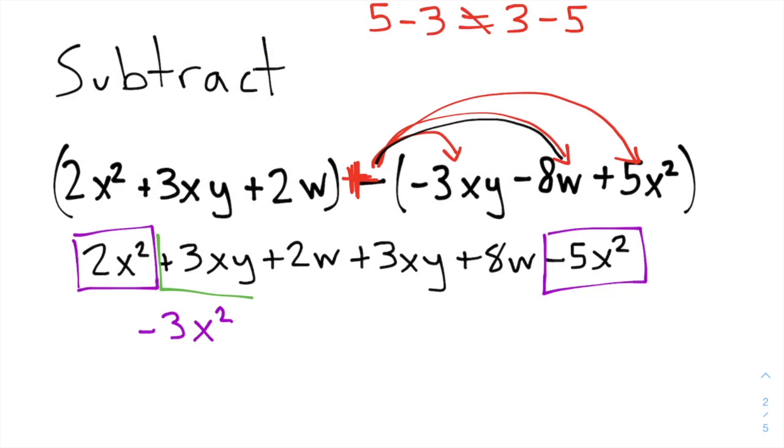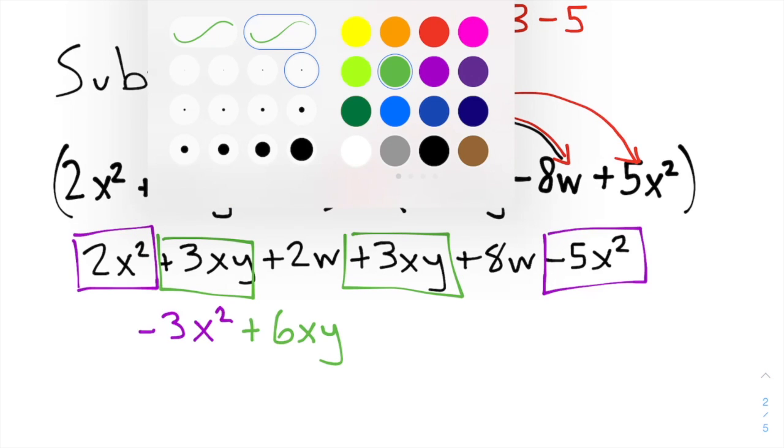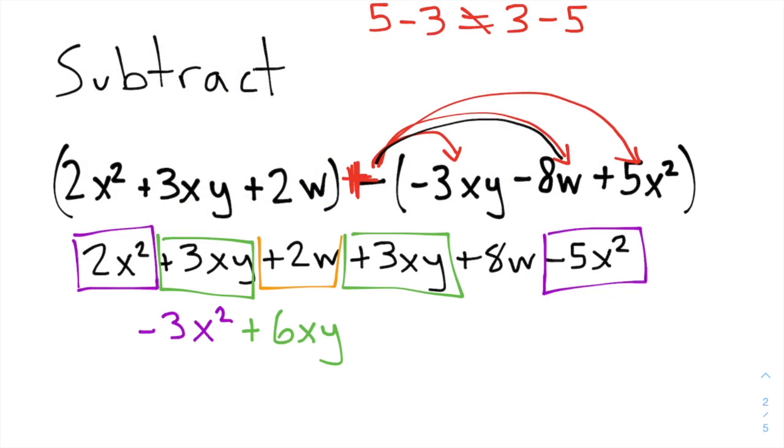We have a positive 3xy and a positive 3xy for a total of 6xy's. And then we have a positive 2w and a positive 8w for a total of 10w's. So actually that is our final answer.